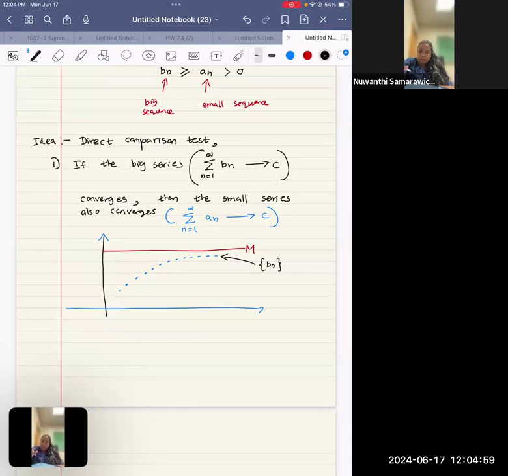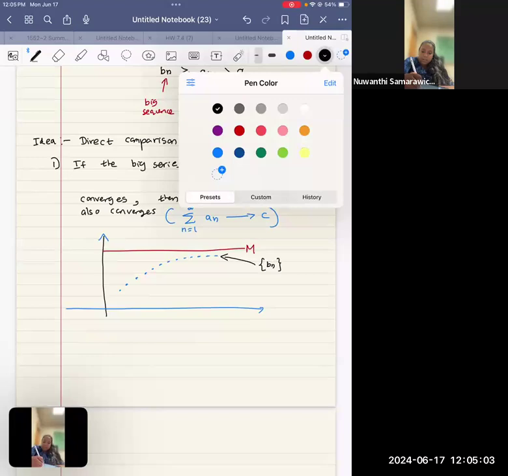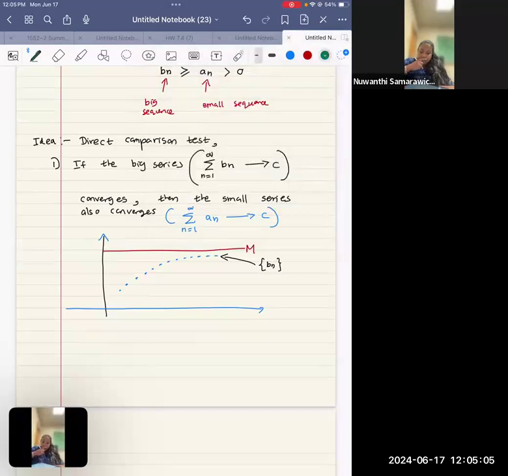Like I said, it has a horizontal asymptote. Then a small sequence, let's draw with a different color. Small series means it is less than the big series, so it will appear like this.